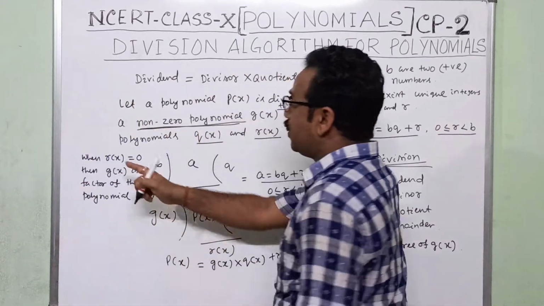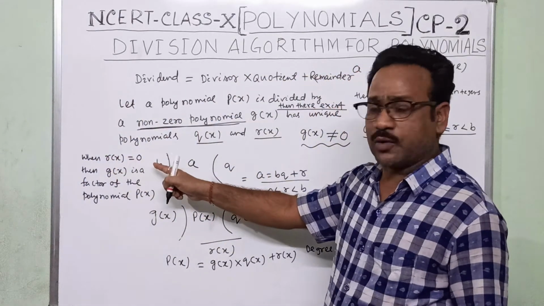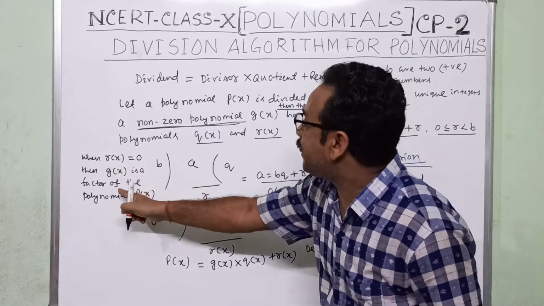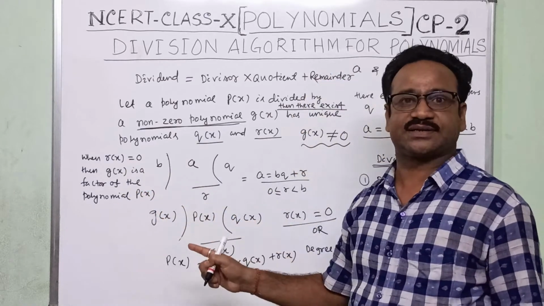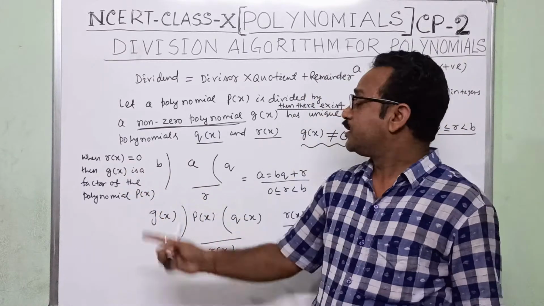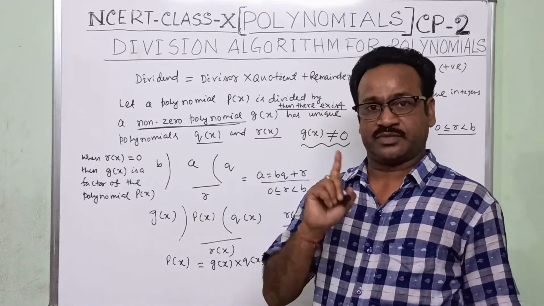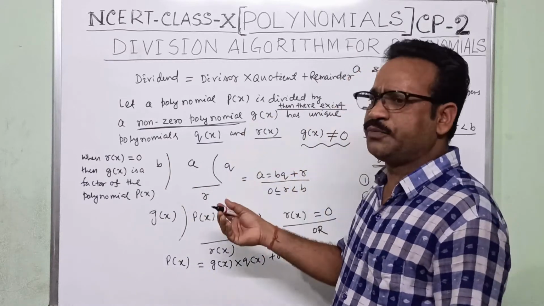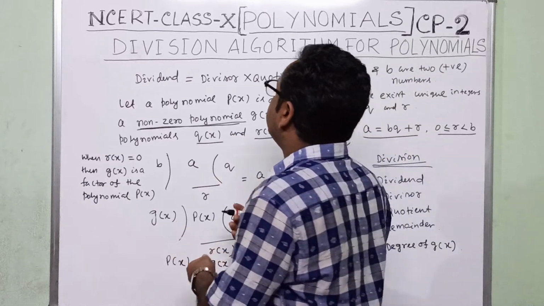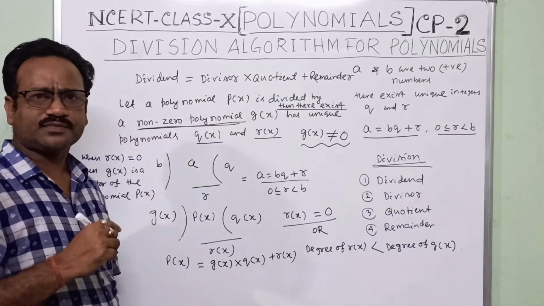The remainder will be 0, then the divisor will be a factor. Keep it in mind.